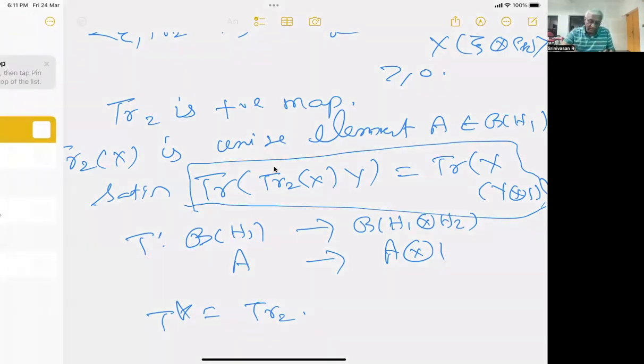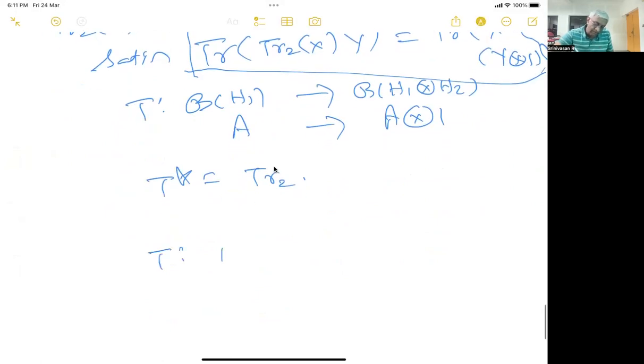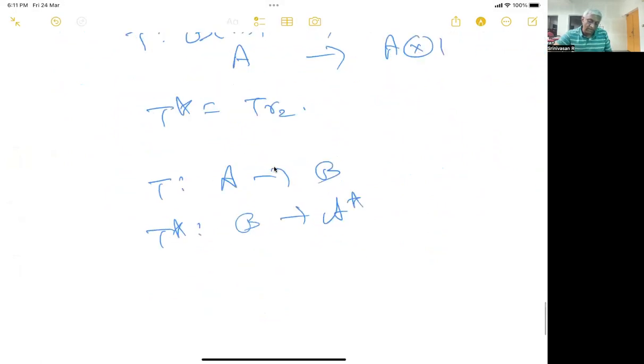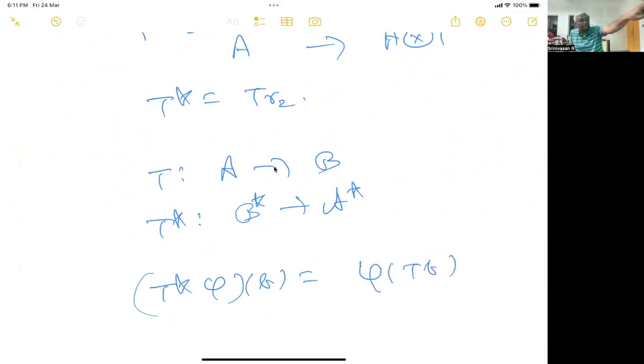What I'm saying is, if you have a map T from A to B, then T star is a map from B star to A star. B star are linear functionals, such that T star of phi is a linear functional on A, with T star of phi of some a equal to phi of T a. T a will land up in B, right? That is how this T star is defined.